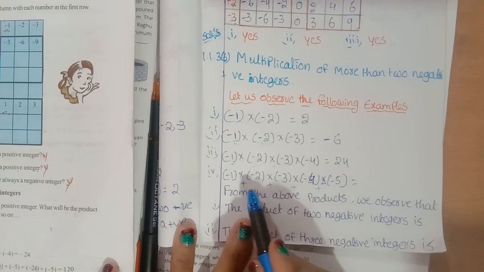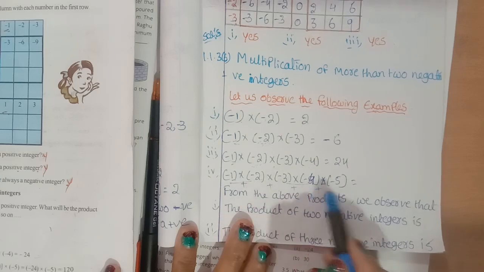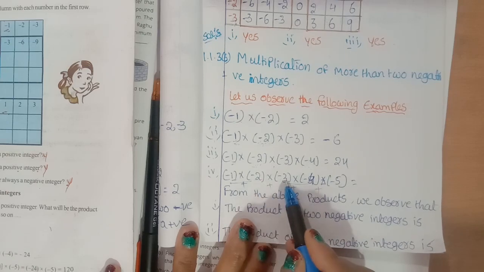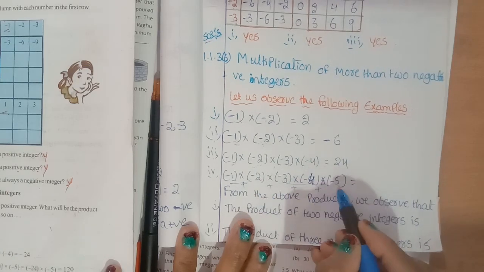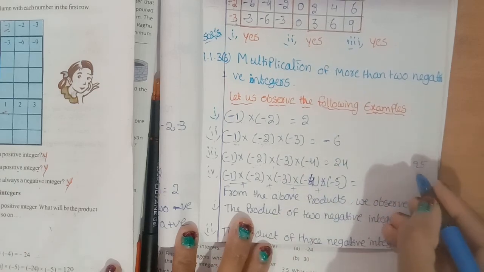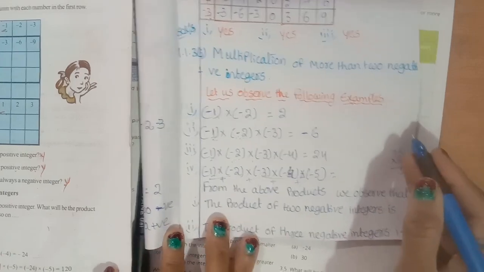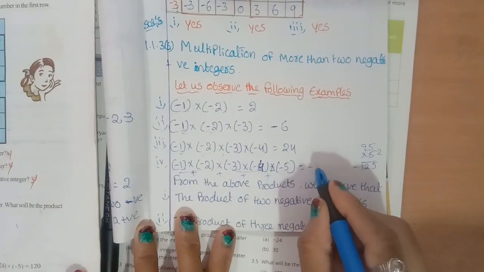Okay, and here it is plus, and here also plus, again minus only. So again 1 into 2 is 2, 2 times 3 is 6, 6 times 4 is 24, 24 times 5 is 125 and minus 125.